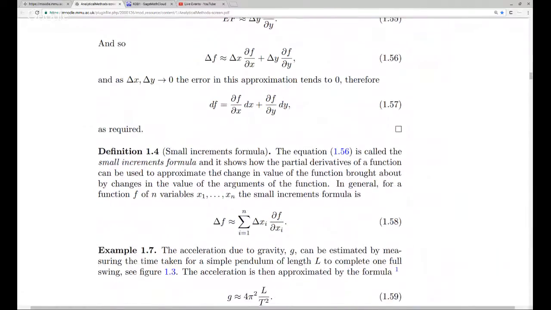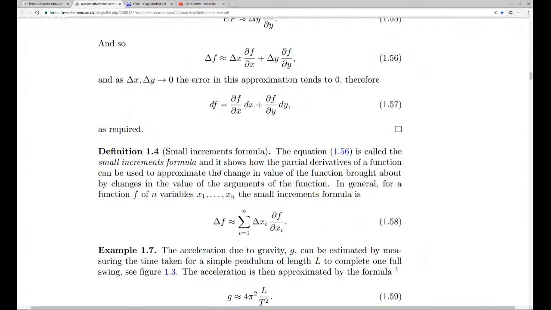It has a generalization, the obvious generalization to situations where there's more than two variables. If there's a z as a variable as well, you can just imagine adding on a term here, delta z times the partial derivative of f with respect to z. And adding on one of those terms for whatever number of variables the function has. So that's this thing indicated here.